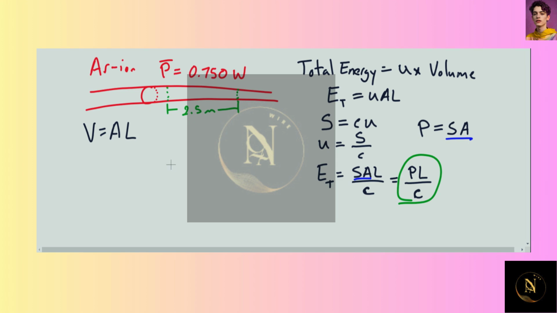We can go ahead and just plug in our numbers. Write it over here. Total energy is equal to 0.750 watts times the length, 2.5 meters, divided by C, which we're using 2.9979 times 10 to the 8 meters per second.